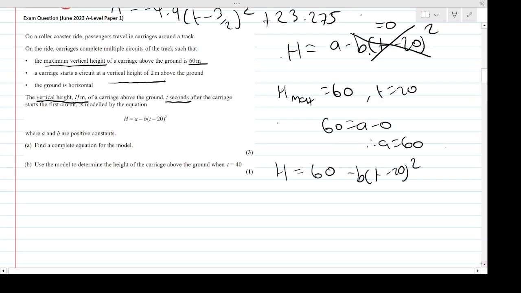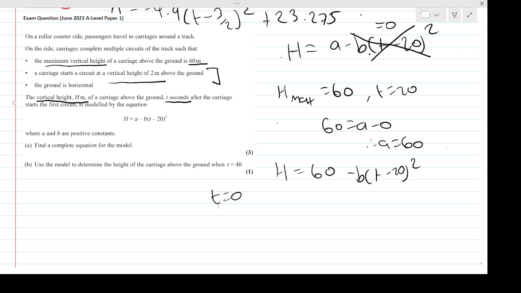Now we just need to find B, but we need another piece of information. They've also told us the carriage starts a circuit at a vertical height of 2 above the ground. So it's talking about when it starts, which is when t is 0, because nothing's happened yet.